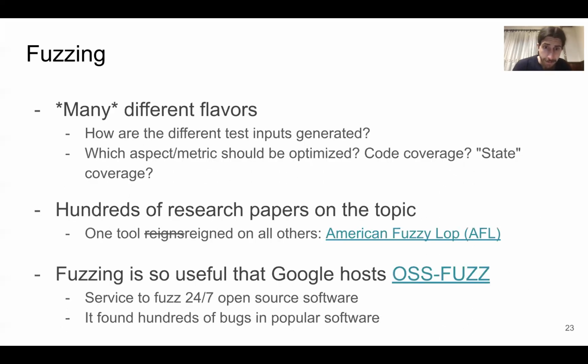Again, there are many different flavors. How are the different test inputs generated? Tons of research papers on how to generate these inputs. There are some other fuzzing approaches that generate something random, and then you see what kind of code this triggers, and then you say, I like it, then you change something random again, and you say, now I went to another place, so interesting, I want to remain in this other place.